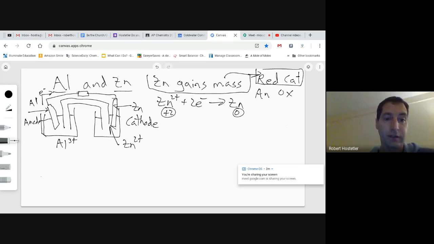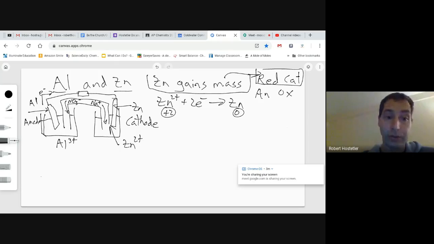Everything that is negatively charged will travel the same direction. So when they ask you about the ions in the salt bridge, the negative ions, like say the nitrate, will go around the same way, clockwise. And the positive ions, the sodium or potassium, will go the other way.